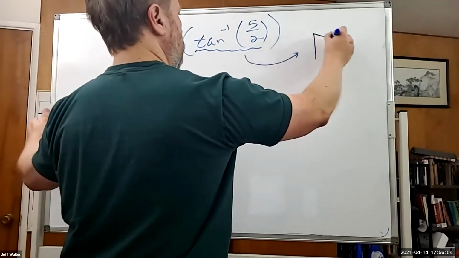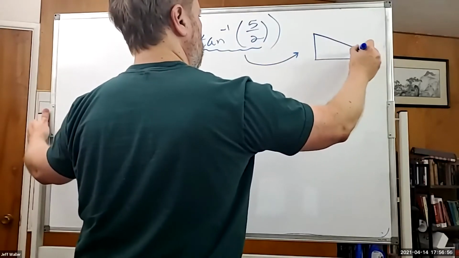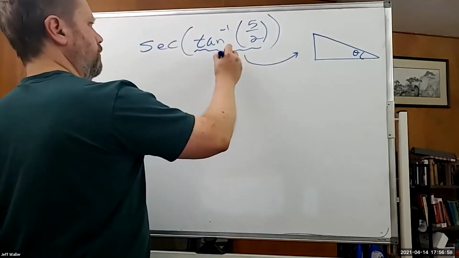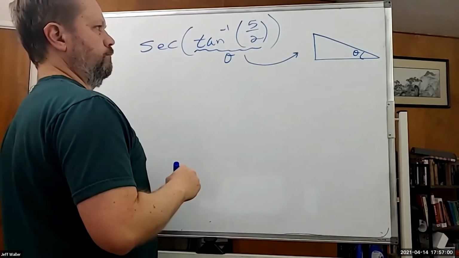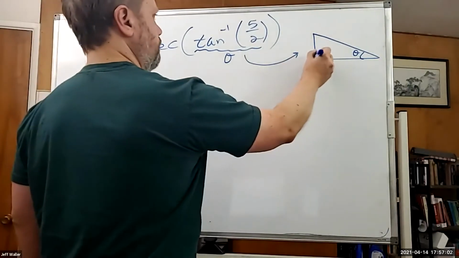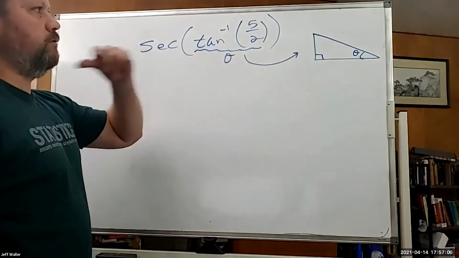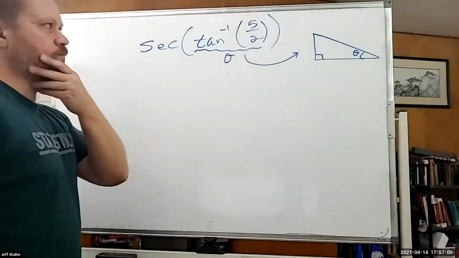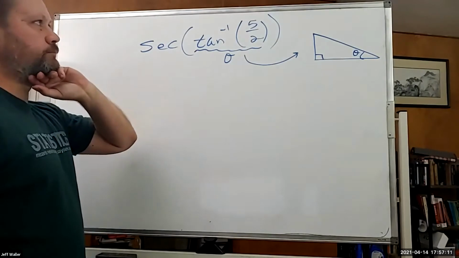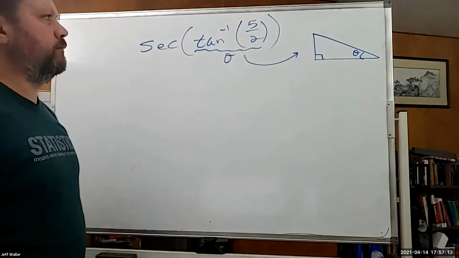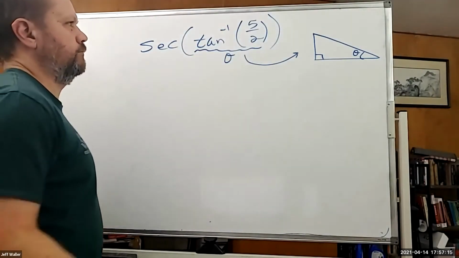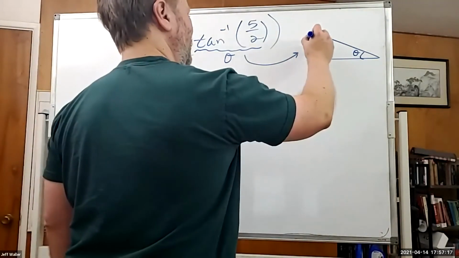So some side work here. Which side is 5? The left one. So the y side.